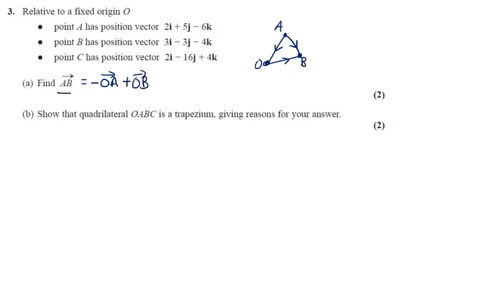Minus OA is just minus the position vector, so that's minus (2i + 5j - 6k), then plus B, which is 3i - 3j - 4k. 3i minus 2i is i, minus 5j minus another 3j is minus 8j, and then minus minus 6k is plus 6k, and then minus another 4k gives plus 2k. Okay, so there's AB.